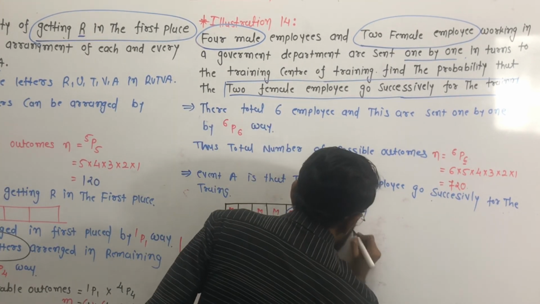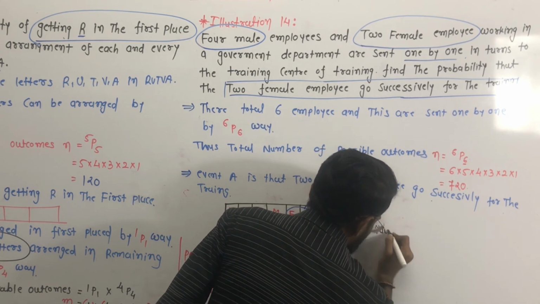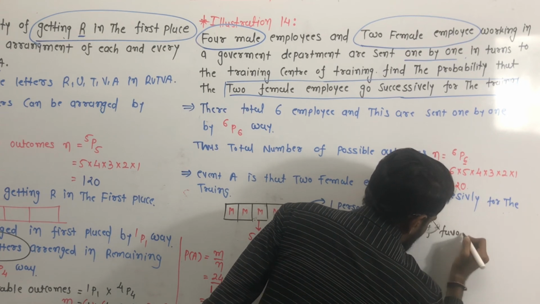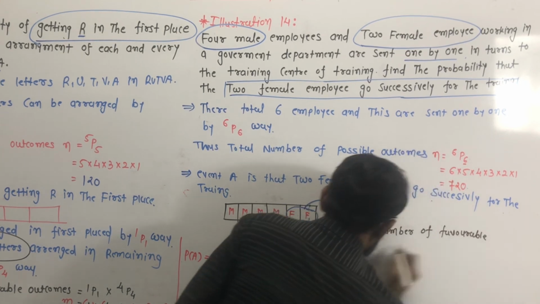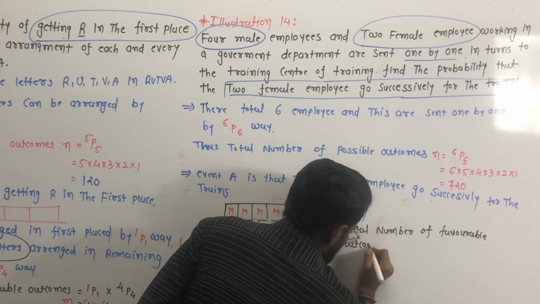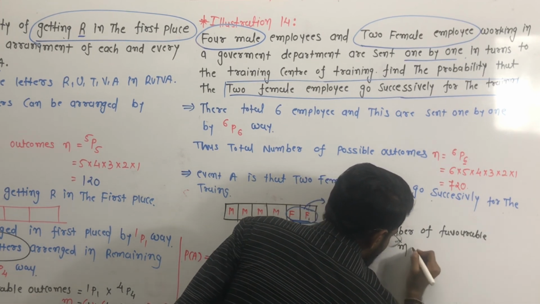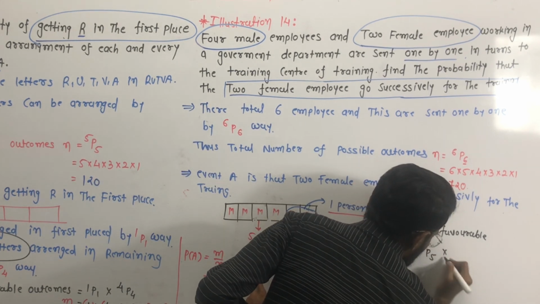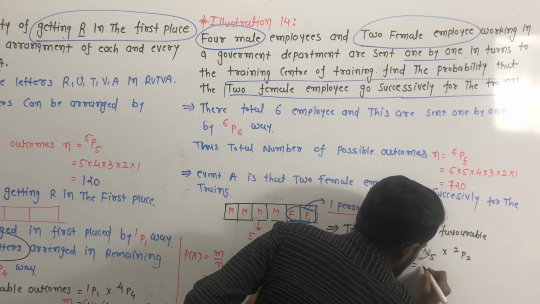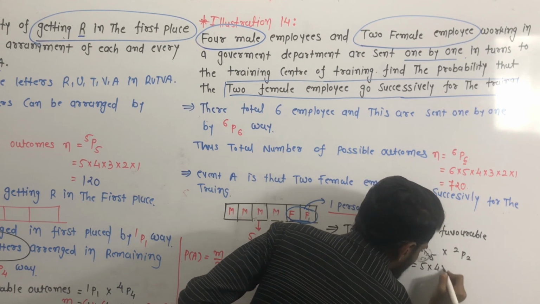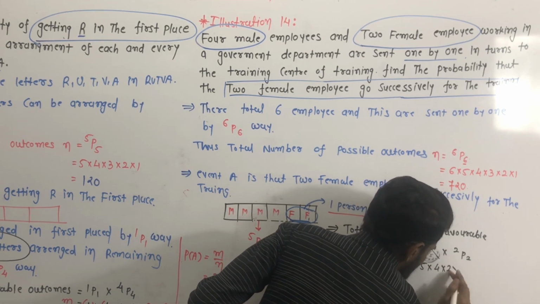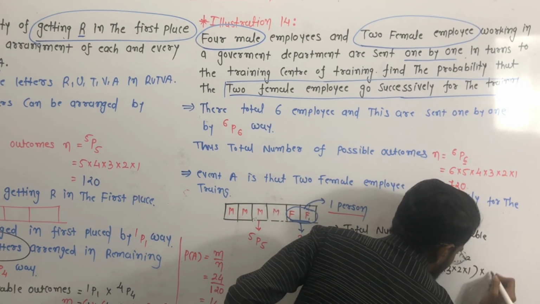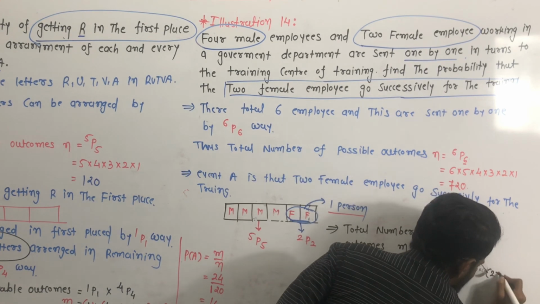So the total number of favorable outcomes, denoted by m, is equal to 5P5 multiplied by 2P2. 5P5 means 5 multiplied by 4 multiplied by 3 multiplied by 2 and multiplied by 1, and 2P2 means 2 multiplied by 1.